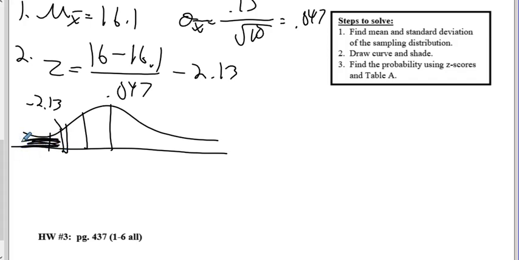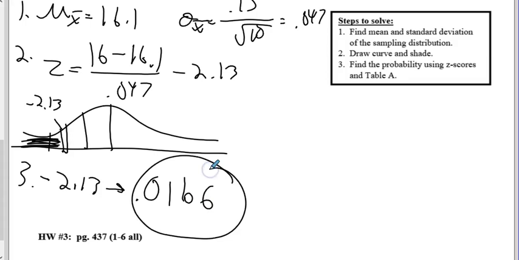When we go to our table for number 3, negative 2.13 yields the area 0.0166. Do we need to go subtract? No, it's left. That's our answer right there. 1.66%. Either one. You don't have to turn it into a percent. I'll take either answer.